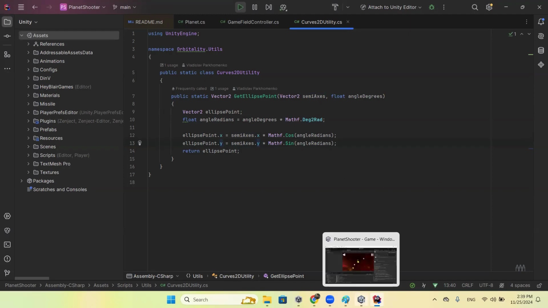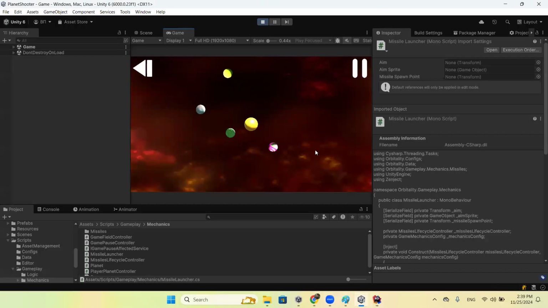And then we have an ellipse point with coordinates of x and y, and then each frame we calculate the position of the planet and it moves. By the way, it was my test task for the senior position of the Unity developer. So what I wanted to tell you, learn advanced calculus, learn mathematics. It will be useful in your future.